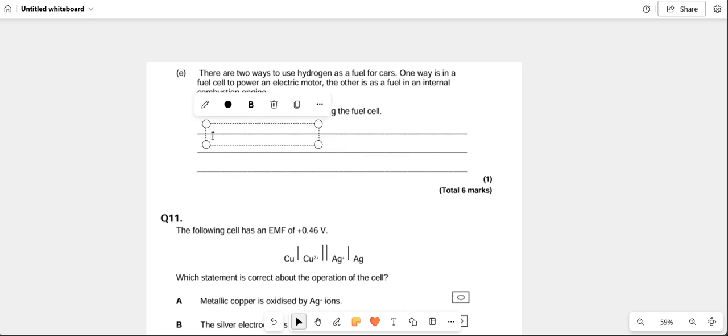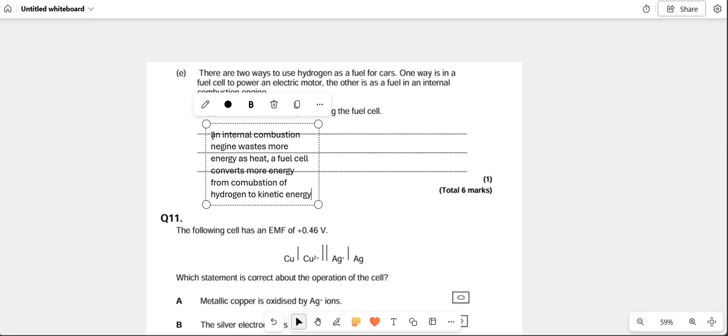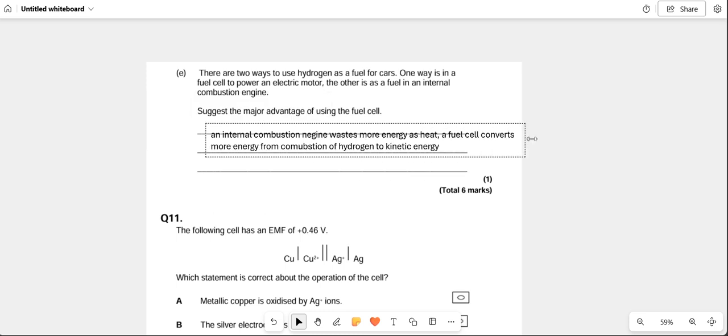The fuel cell is going to convert more energy from the hydrogen into kinetic energy and release less heat.